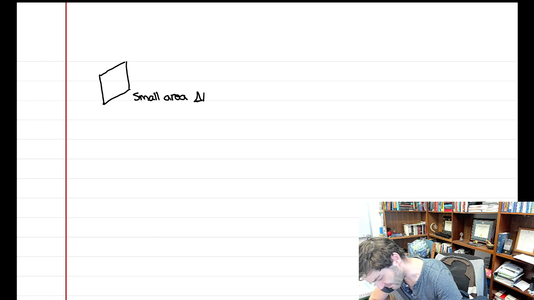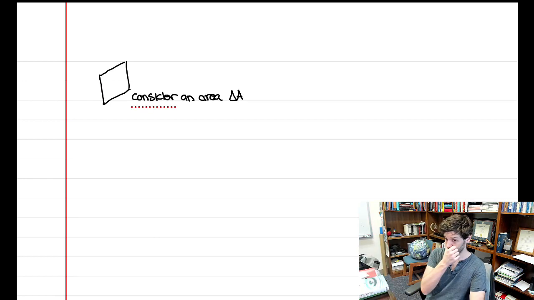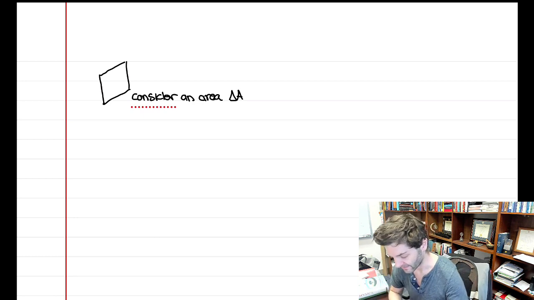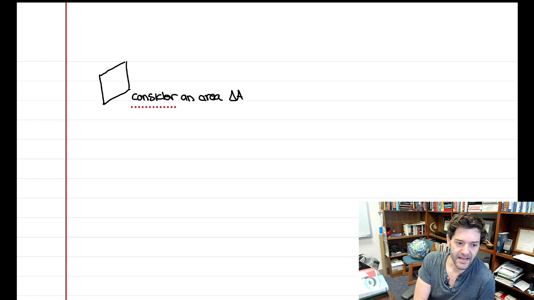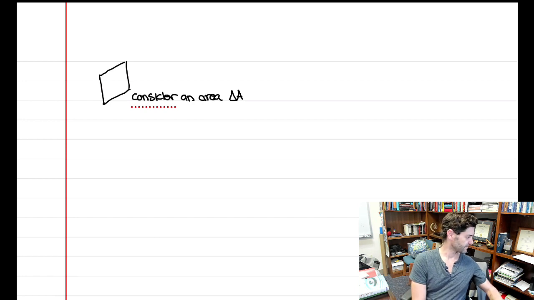But consider an area, and I'm going to write delta A. Why delta will become clear, because this is going to ultimately become calculus. And some rectangular slab. It is some plane, a sheet or something.